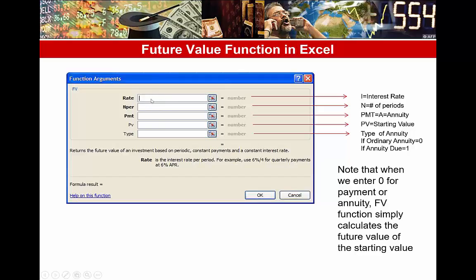As we mentioned, the first argument is rate, which is the interest rate. The second argument is number of periods. The third argument is payment. The fourth argument is the present value. The fifth argument is the type.